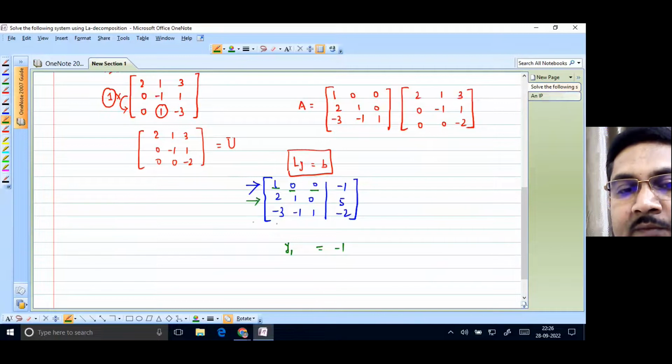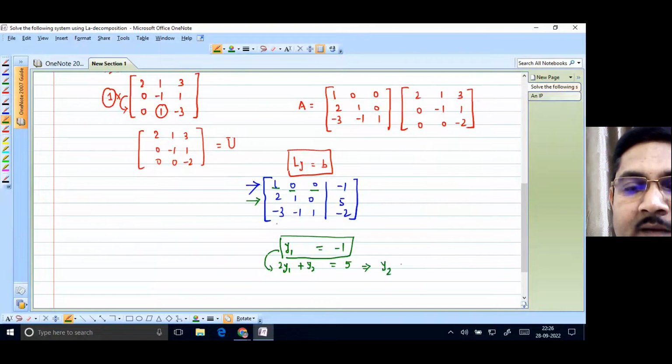Now the second row will tell you 2y1 plus y2 is equal to 5. The y1 value is minus 1. This is known. I will substitute this value in the second equation. So from that I will get y2. y2 is equal to 5 minus 2y1, but y1 is minus 1, so 5 plus 2, and that is 7. So the y2 value is now 7.